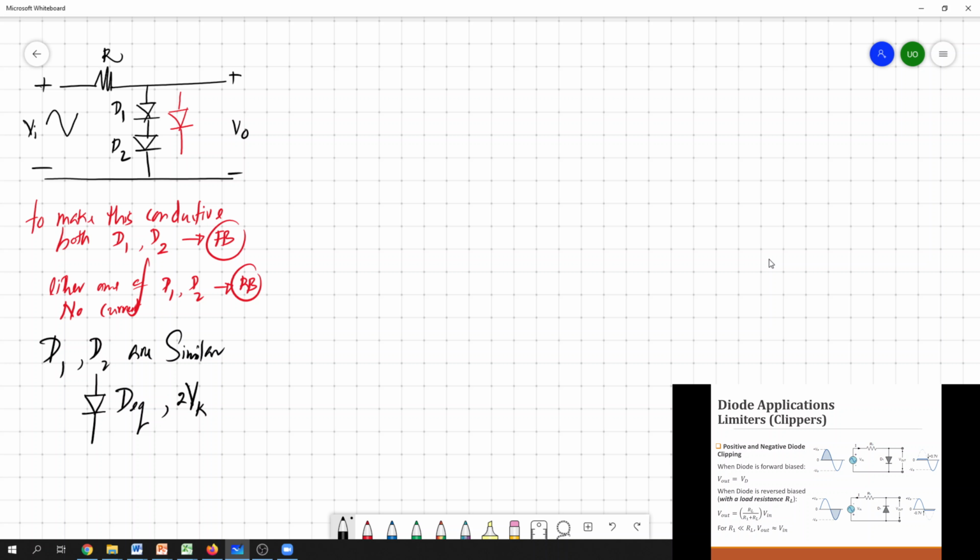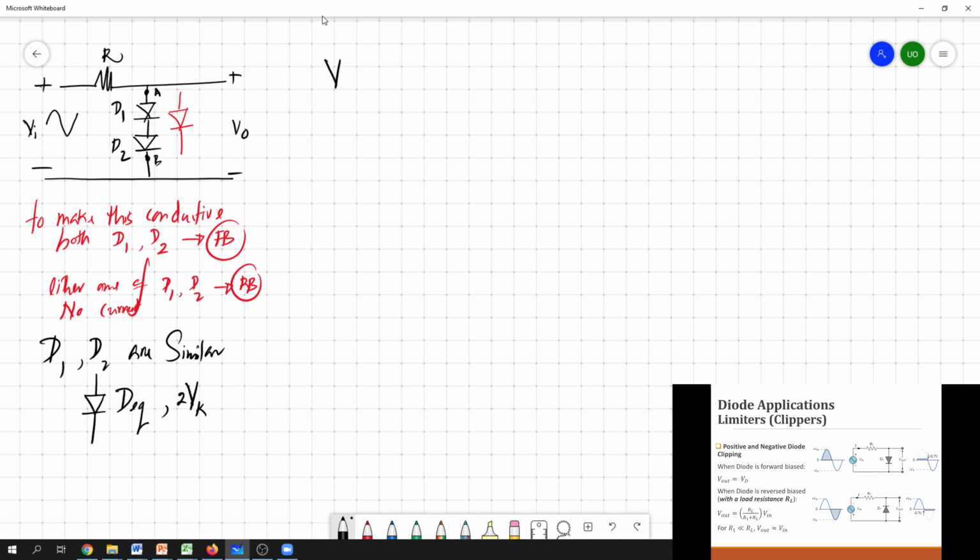Yeah. So then again, if it is an equivalent diode, we can think of the actual voltage appearing across this entire diode block between these two terminals.